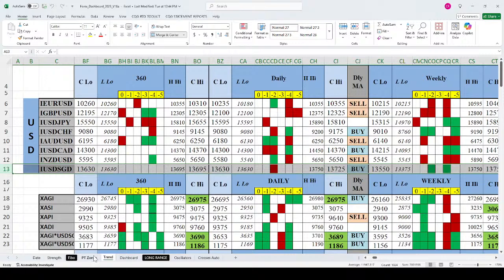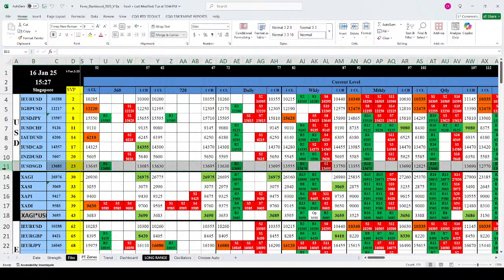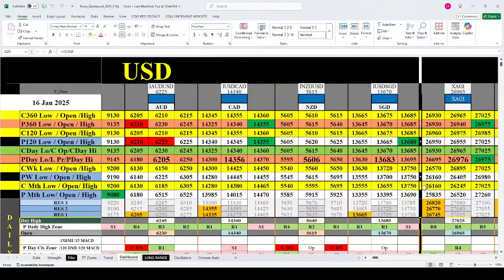If you look at the PT zones, hourly is up, daily is up but mild, weekly is a strong up compared to the sell, and monthly and quarterly all are showing a strong buy. I think I'm not getting any clue.